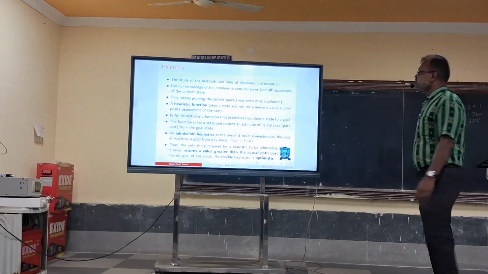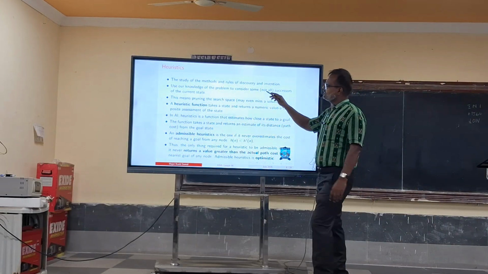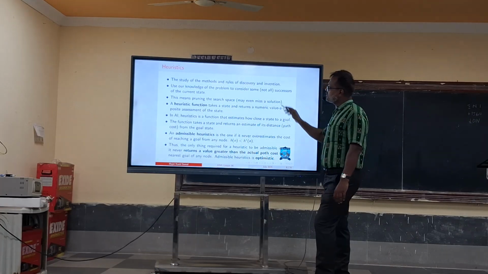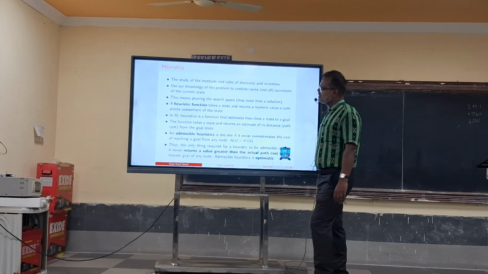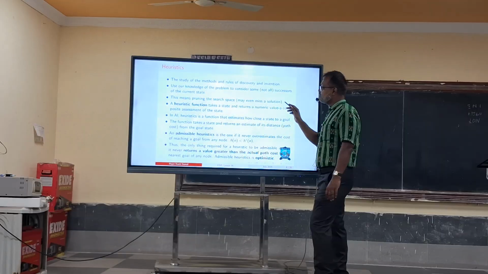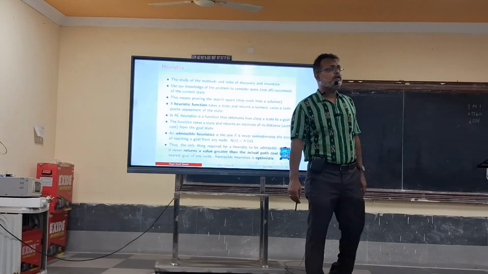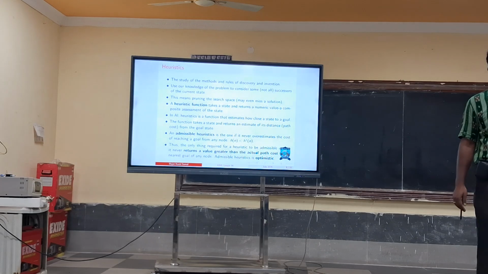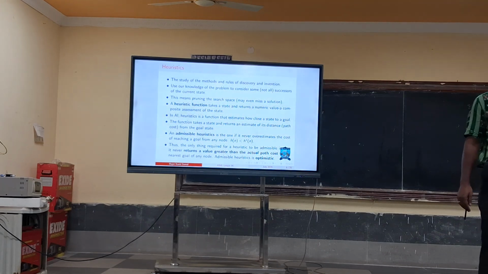The study of methods and rules of discovery and invention uses our knowledge of the problem to consider some successor of the current state. This means pruning the search space, even missing a solution. So we use heuristics to find the solution fast, but that may not be the optimal solution.